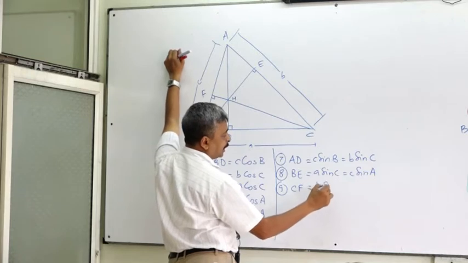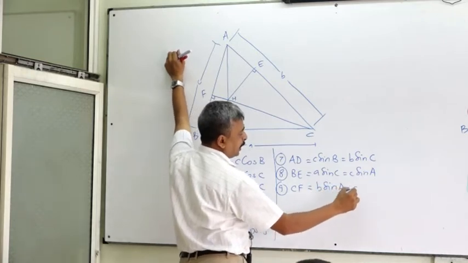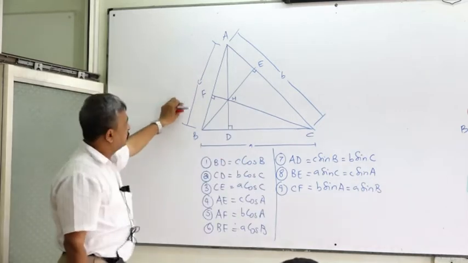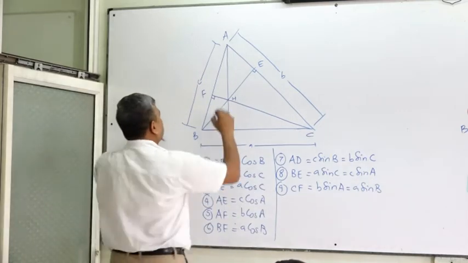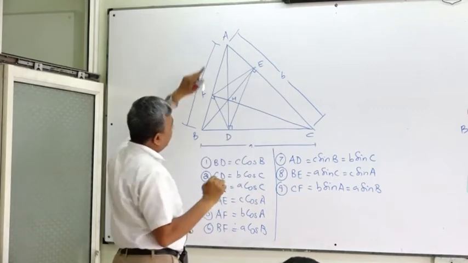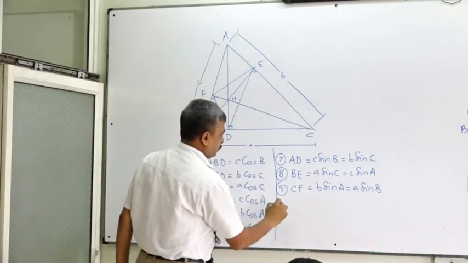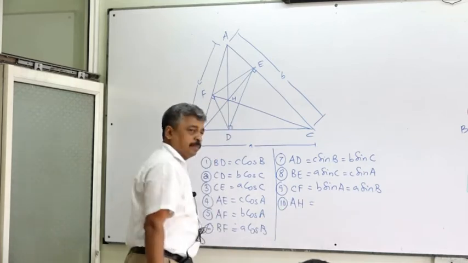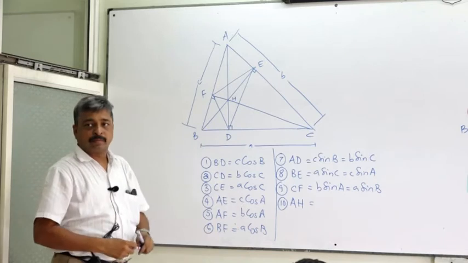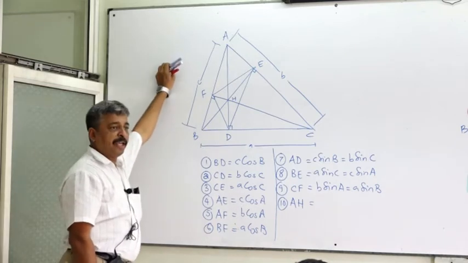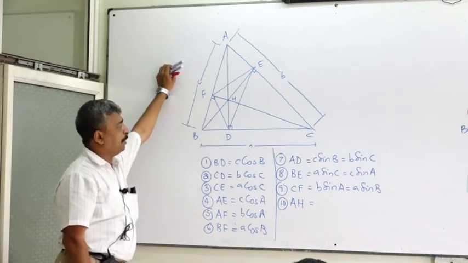B sin A or A sin B. Simple. Now I want AH. I want AH. Now the problem has come.